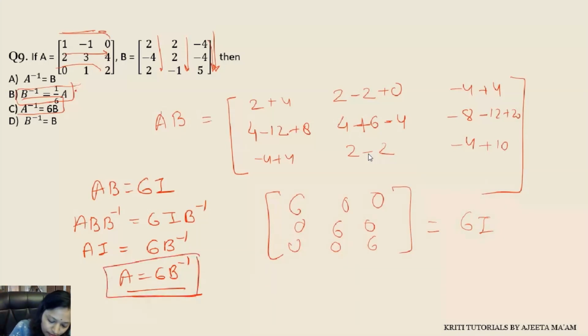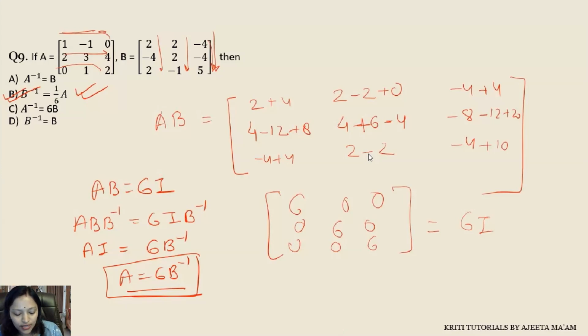Which option will it be? Option B. Correct? B inverse is 1 upon 6A. So this is how we understand these types of questions. We had to find AB and it will come as an identity matrix with some constant, only then can we form a relation between these two. Otherwise if you individually find A inverse and B inverse, it will take a lot of time.